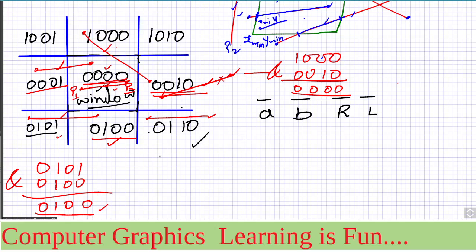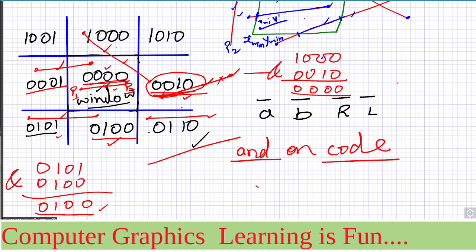So one thing let us confirm: the two points of the line will definitely have their coding, and we will perform the AND operation on the code. If the result is not equal to 0,0,0,0, then we will leave such lines, we will not consider them.